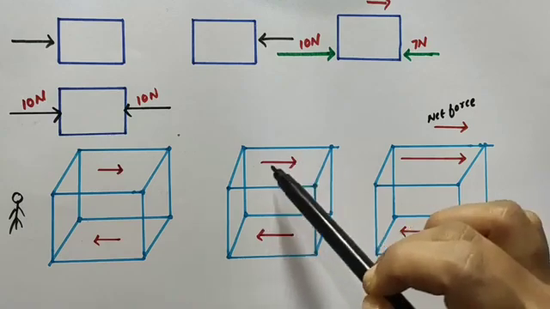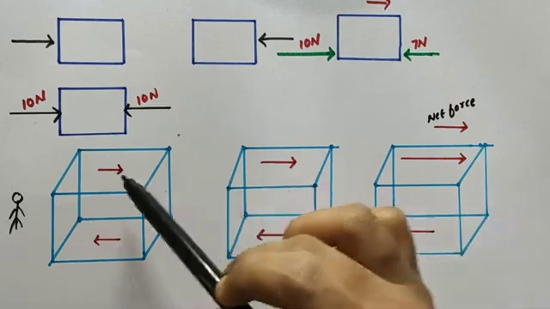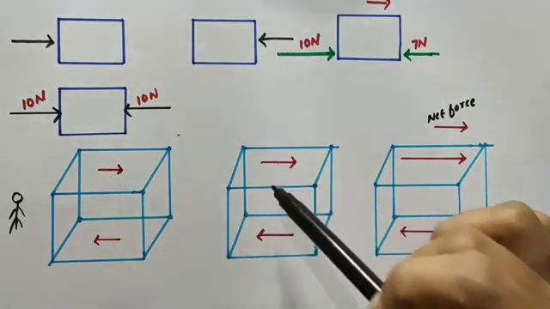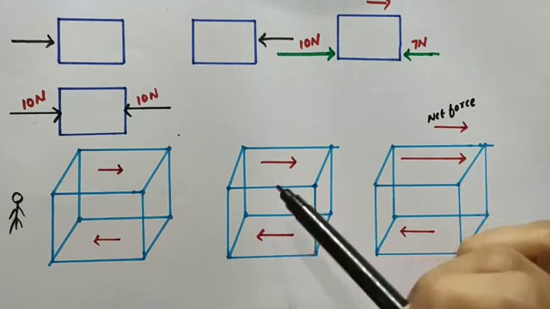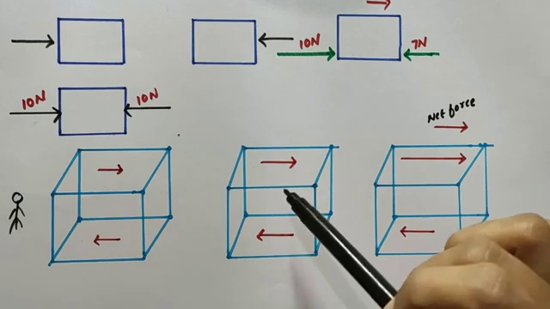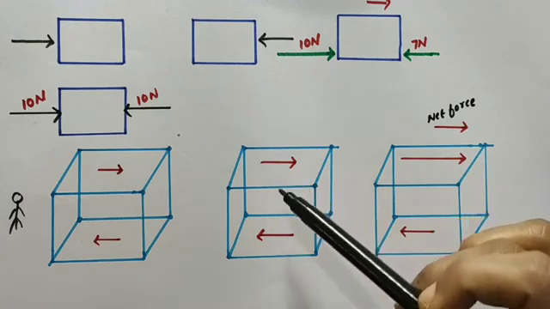You see the length of the straight line is more than this one, which means the pushing force is more in this case. But the box still does not move because the friction force still balances the pushing force.